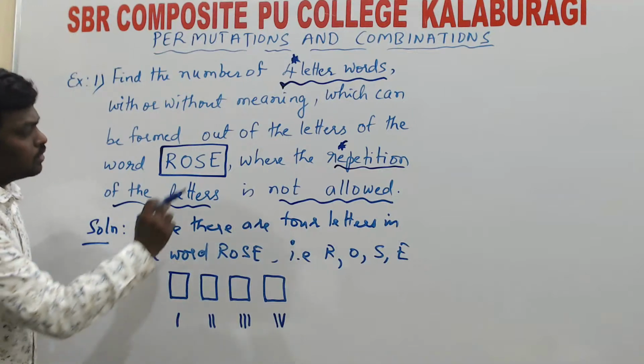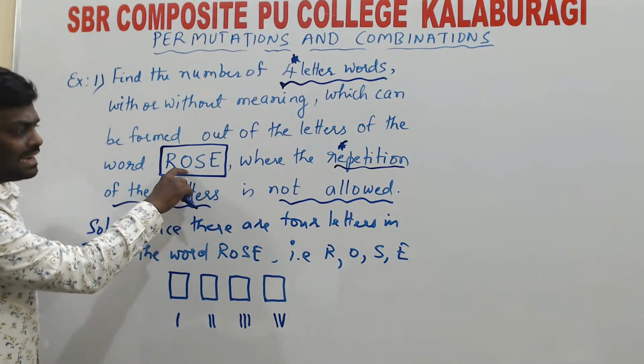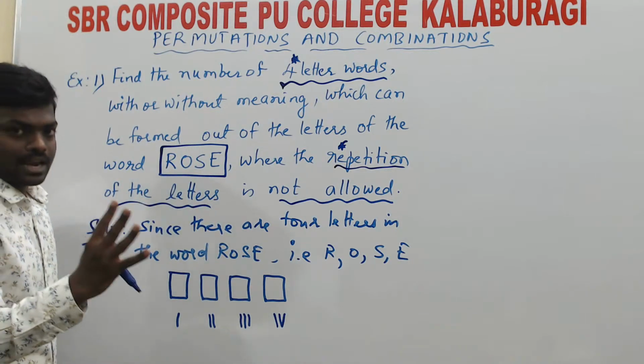Now, in the word ROSE, how many letters do we have? Four, right?